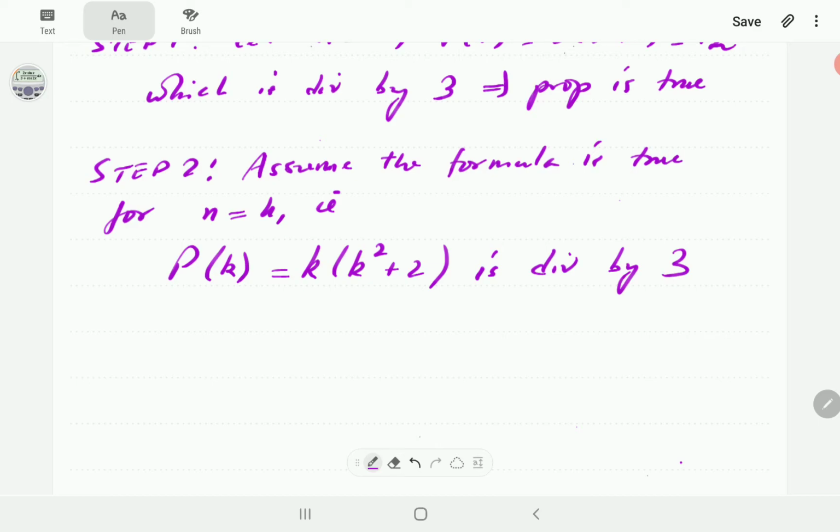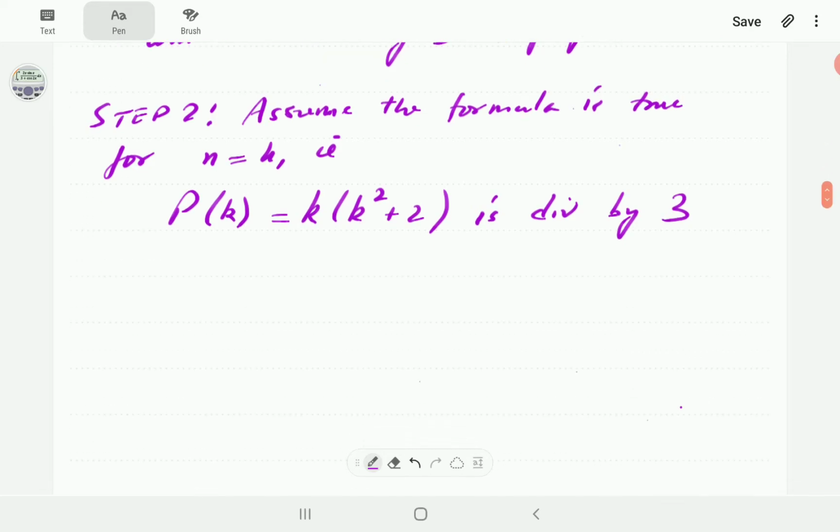Now, earlier we mentioned that something being divisible by 3 implies that that number is a multiple of 3. So actually this assumption is saying, to put it algebraically, this is equal to 3 times some number, but this number should be an integer.